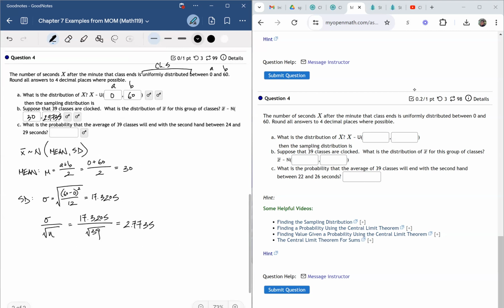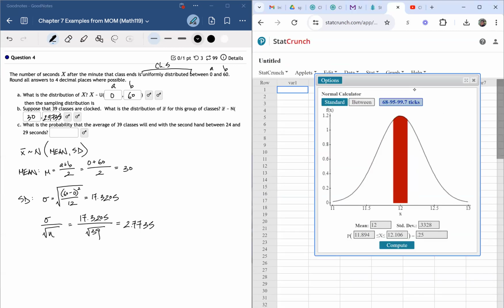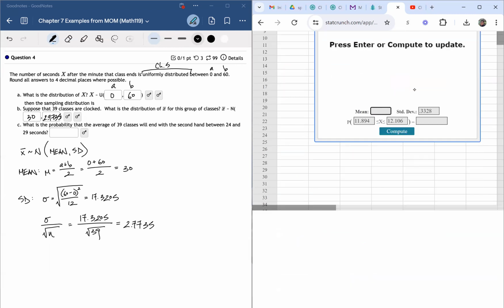Last part. What is the probability that the average of 39 classes will end with the second hand between 24 and 29 seconds? Let's use StatCrunch for that. We want to make sure we're doing the between one, and we need to type in the new means.